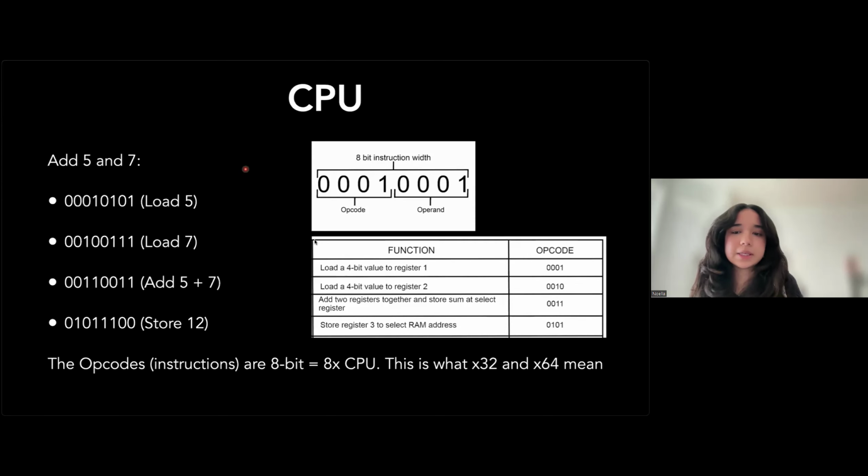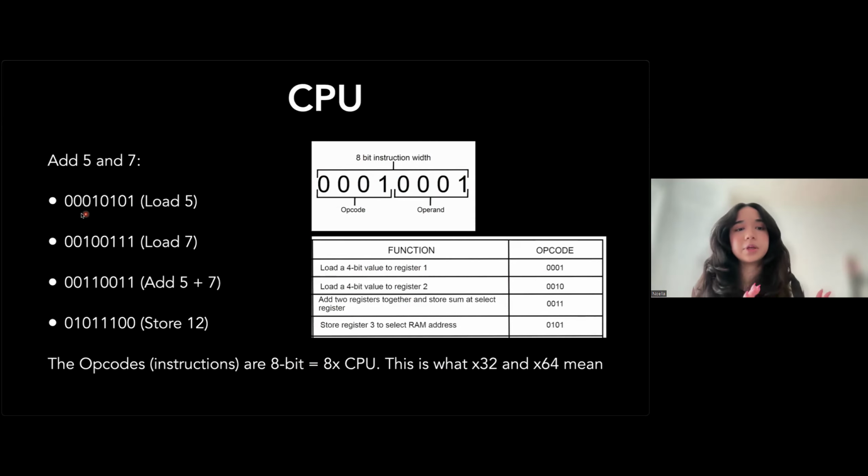So basically, the CPUs understand instructions in binary. And so if we use an example of a CPU that is 8-bit, it understands instructions that are just 8 bits long. So in this case, we have the opcode, which is either load, add, store, and then the value. So for example, this means load 5.